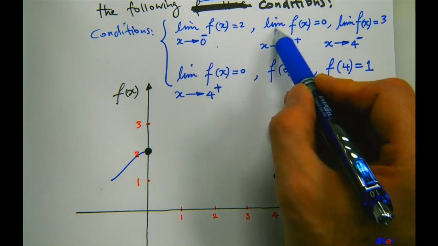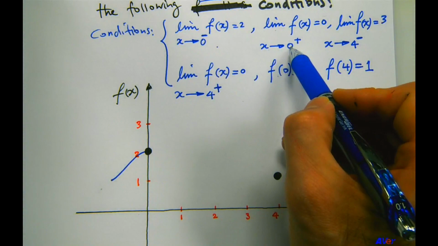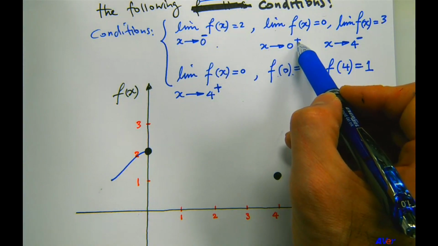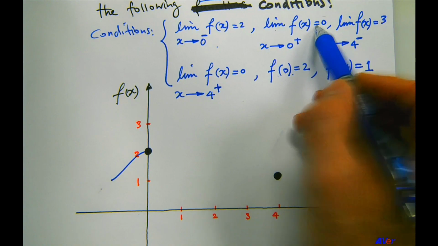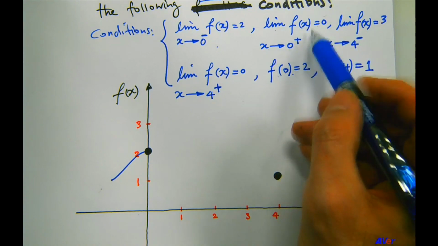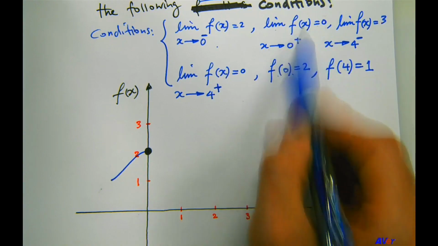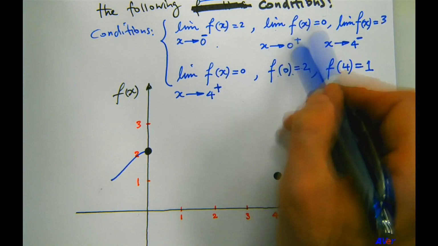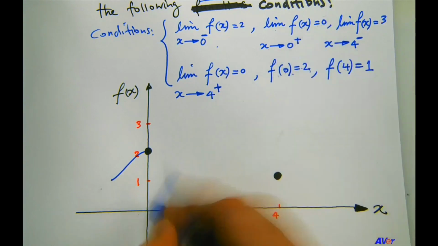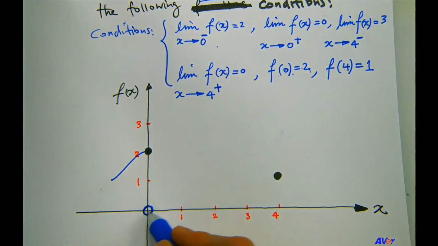Next one, limit of the function f of x as x approaches 0 from the right is equal to 0. Okay, so we know that at 0, the function value is 2. So this is a limit, not a value. So I have to put a hollow circle here. I'm not filling this one in.